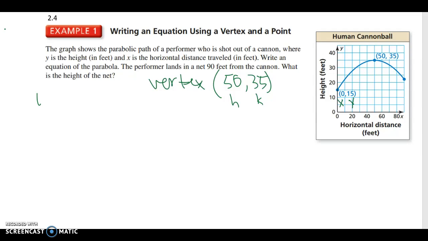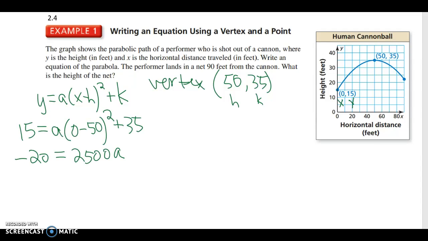So if I solve for A using this equation, I'll plug in my values and find A. Be careful with negative signs here when you're solving, and your answer for A should be negative 0.008.